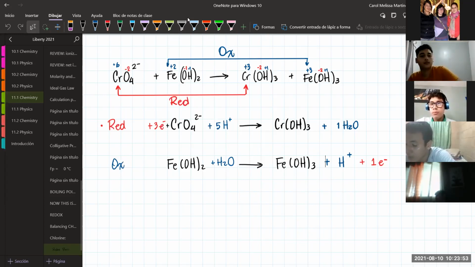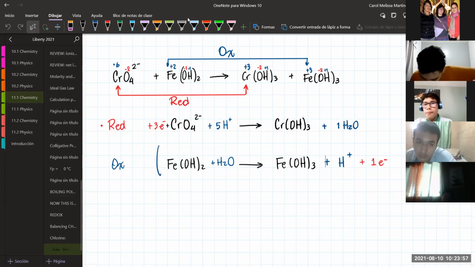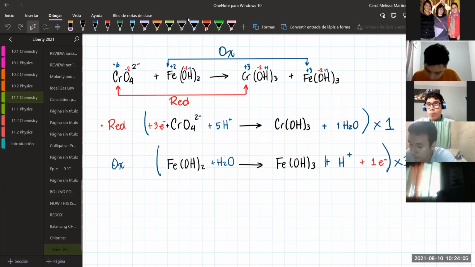Times 3. Okay? So I multiply this times 3, and the first one I will multiply times 1. But you know that multiplication times 1 is really, you don't really need it. Okay? You don't really do it. So we're just going to make the second equation.